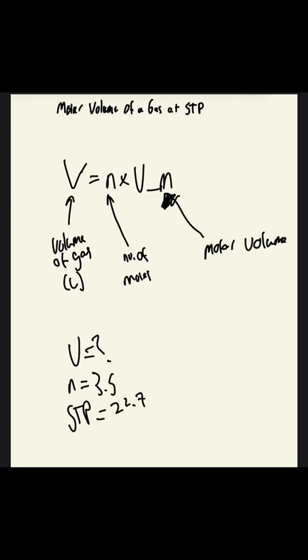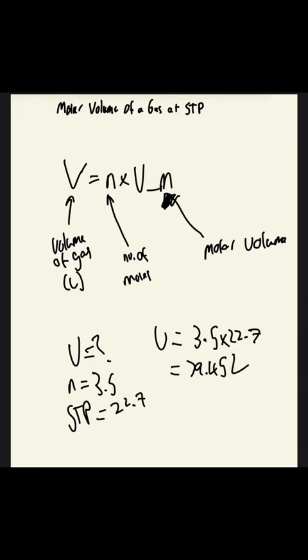So if we put this into the calculator, we get V is equal to 3.5 times 22.7, and then we get a volume of 79.45. And that's going to be in liters.